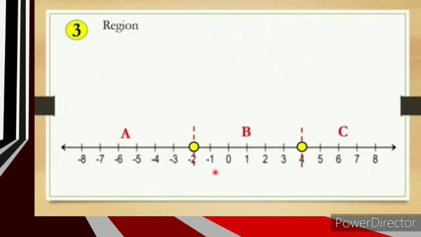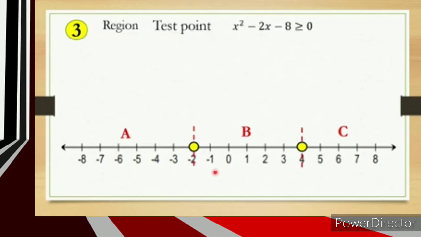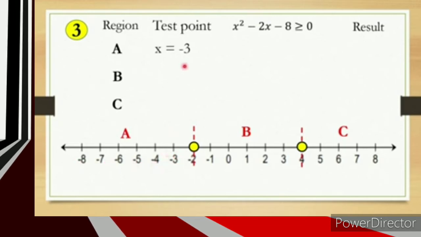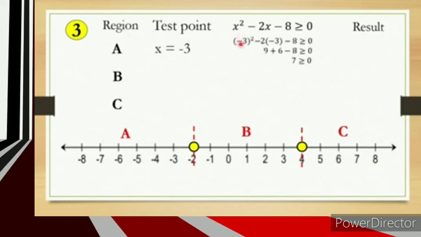Step 3. Choose a test point for each region. Just select one. Let's say in region A, you will choose x equals -3. Then substitute it to the original inequality. So we have x squared minus 2x minus 8 is greater than or equal to 0. Then substitute.